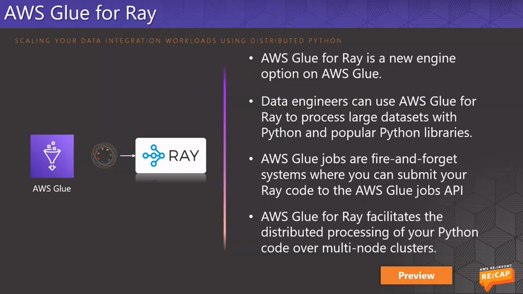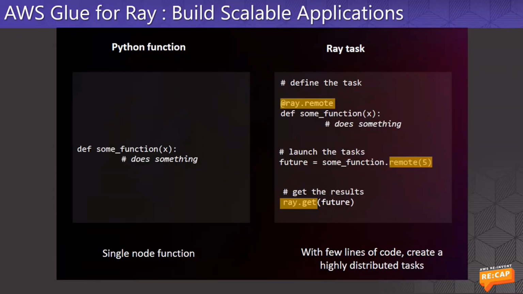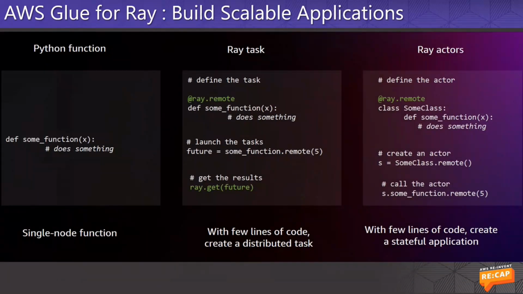So if you look at a quick sample of how it works using pseudocode, right? If you have a Python function that does some data processing on a set of data, you can add a decorator around that Python function to invoke the Ray functionality associated with that function. And whenever you define that task and instantiate that task, behind the scenes, it will spin up a number of worker nodes.